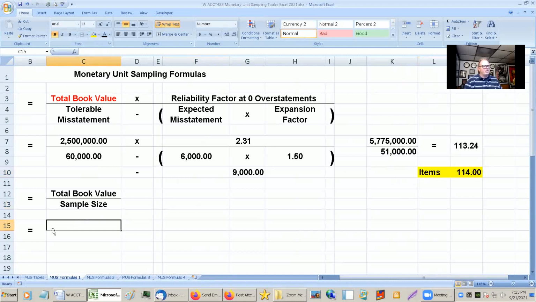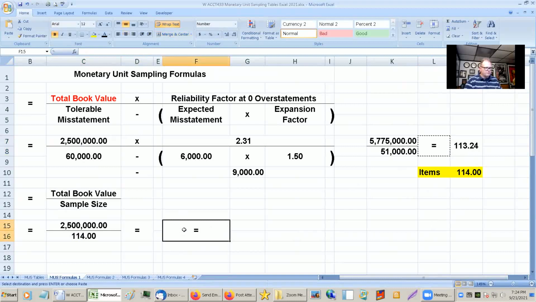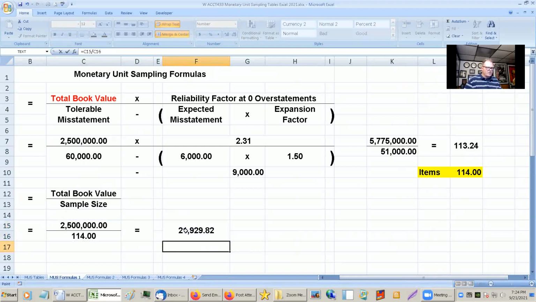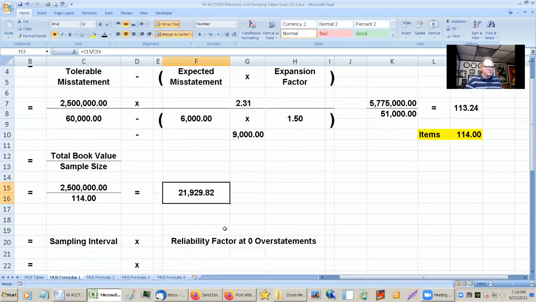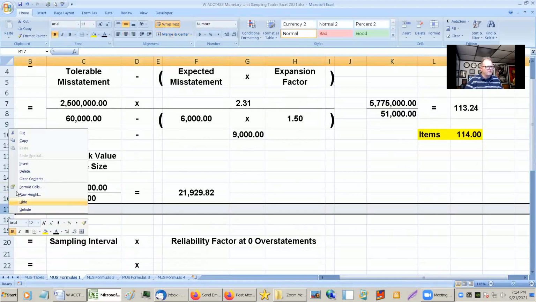And coming down here, you take the total book value and divide it by items, and this will be your sampling interval. Again, if you use 113, it'll be pretty similar.